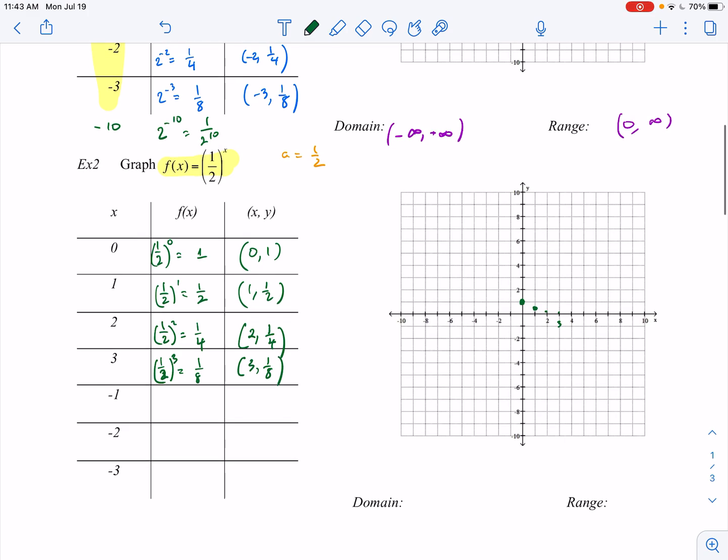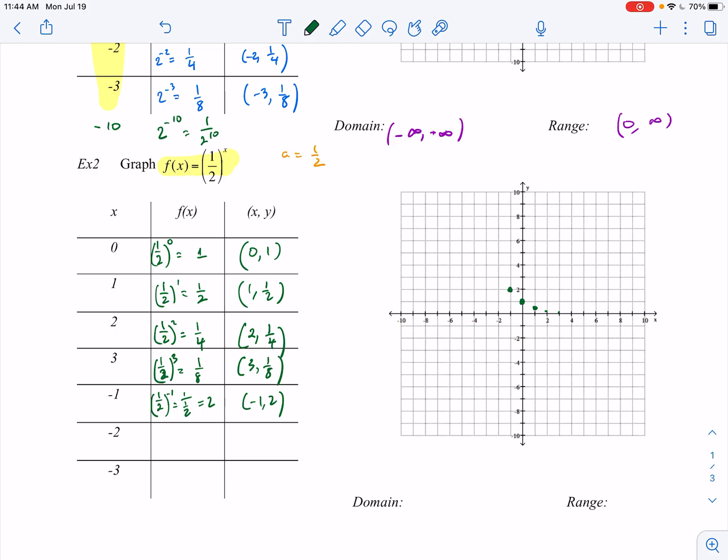Going to the negative side of x. When x is -1, we have 1/2 to the -1. If you remember your exponent definition, a negative exponent means 1 over that number, but in this case 1 over 1/2 just becomes the reciprocal, 2. So we have (-1, 2). There it is.